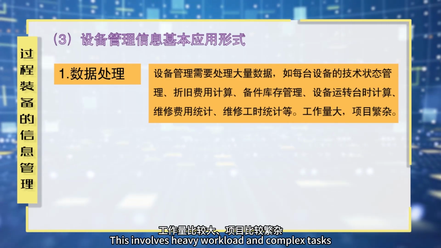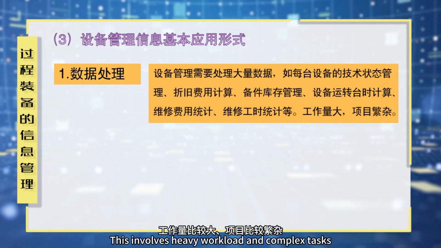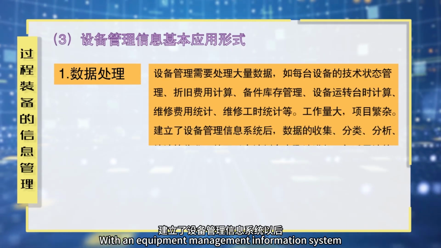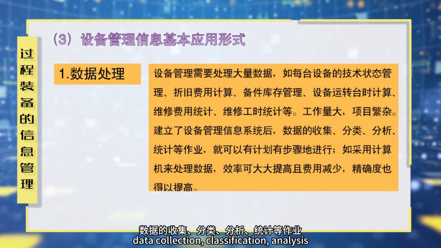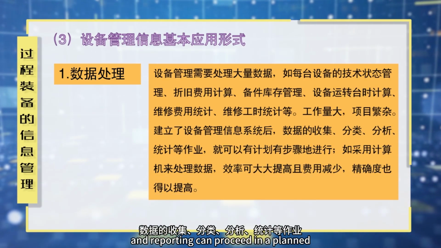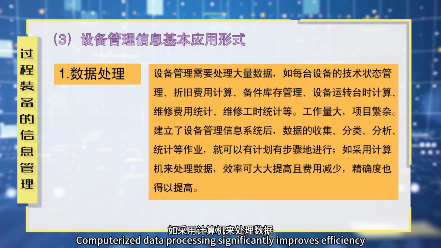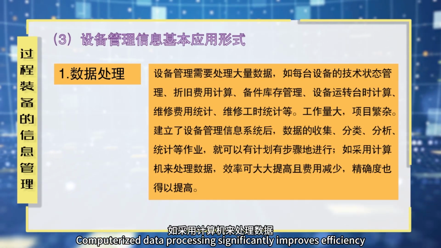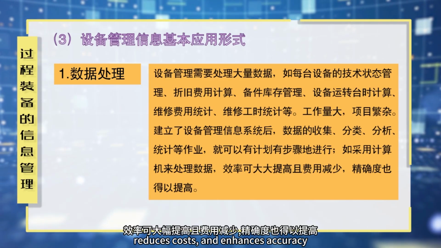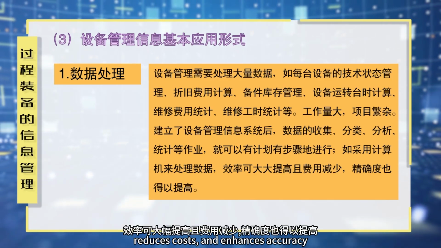This involves heavy workload and complex tasks. With an equipment management information system, data collection, classification, analysis, and reporting can proceed in a planned, methodical manner. Computerized data processing significantly improves efficiency, reduces costs, and enhances accuracy.